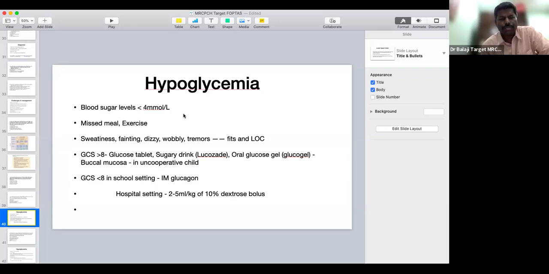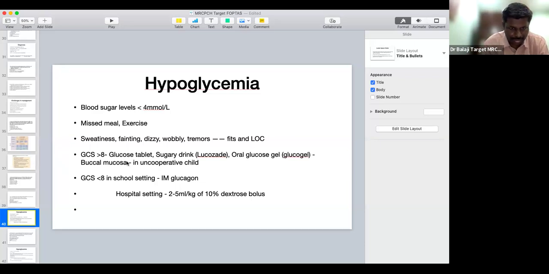So less than 4 millimoles per liter is hypoglycemia. For diabetics alone, this value is taken. So 4 millimoles per liter in diabetics is considered hypoglycemia. They will have sweatiness, fainting, dizziness, tremors, etc. And if it keeps continuing, they will end up with neuro symptoms, fits and loss of consciousness.